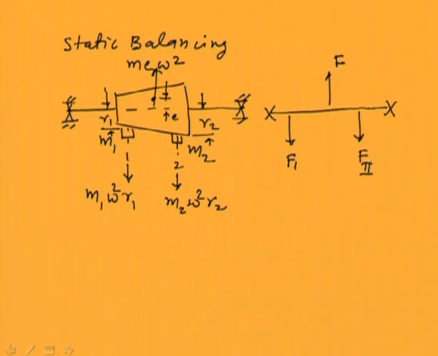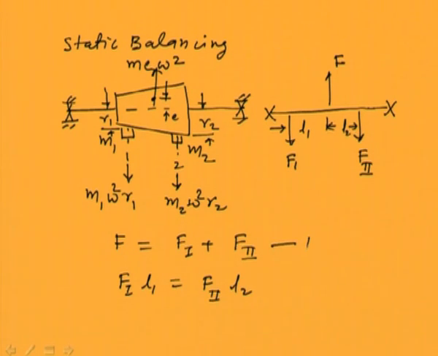So we need to consider these relations when we want to balance the rotor. First is this, another is, let us say, L1, this is L2. So F1 L1 should be equal to F2 L2.